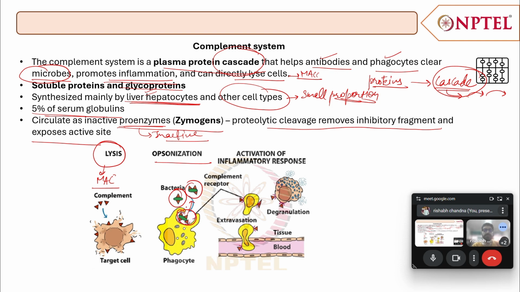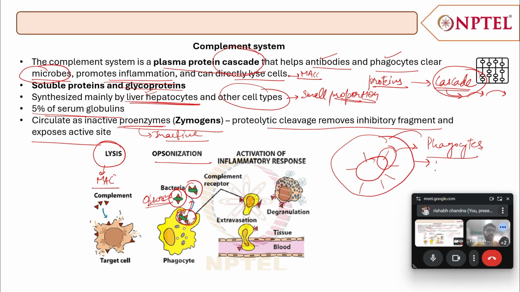The proteins used for coating are called opsonins. For example, there is a bacteria which was not recognized by the immune system, but after coating with the complement proteins, it is identified by the phagocytes, and the phagocyte will engulf it and drive the adaptive immunity.